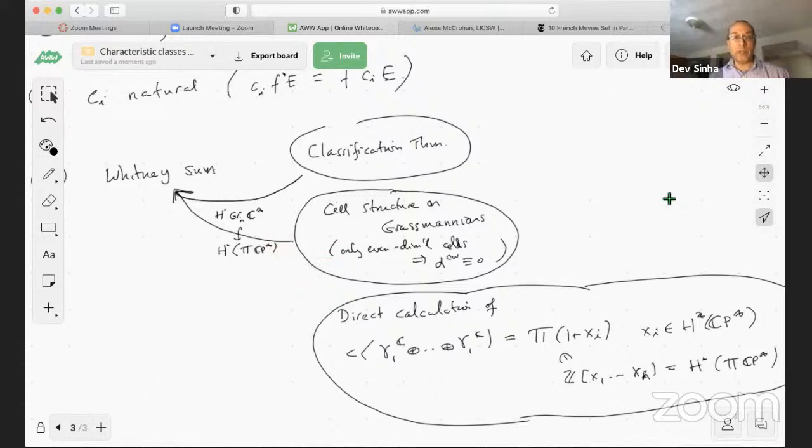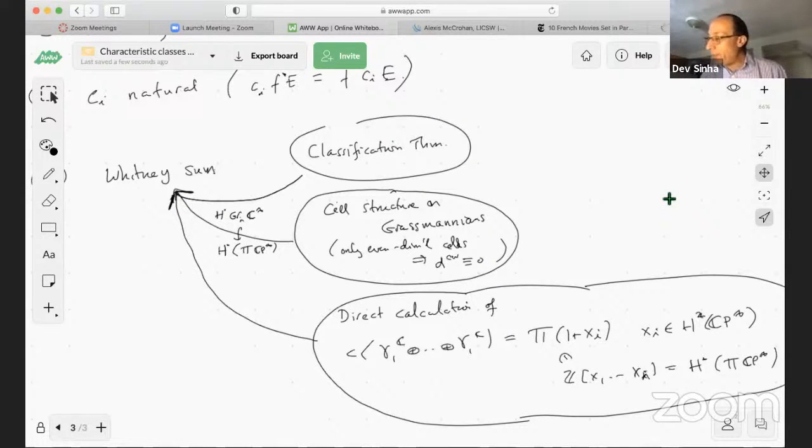Now this is over the integers and not Z mod 2. So those two facts together allow you to appeal to this direct calculation, and because that map is injective, deduce the general case from the Whitney sum formula for line bundles.